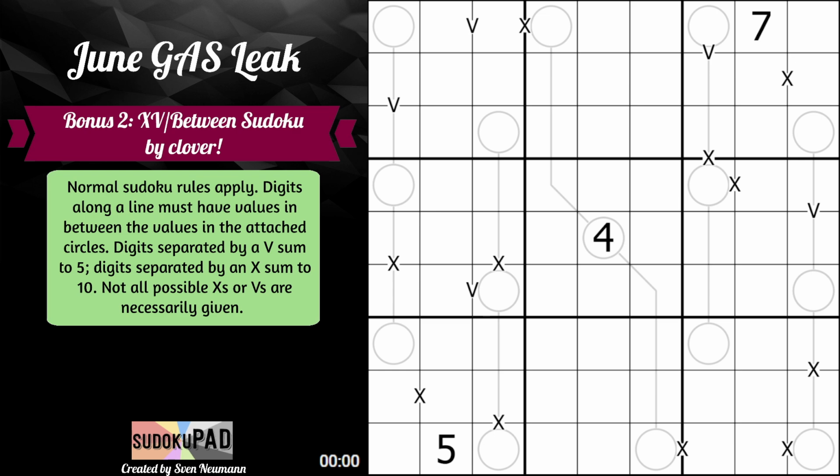And the fact that not all possible X's or V's are necessarily given just says that even though there is no V here, this can have a V relationship, and just because there is no X here doesn't mean this can't have an X relationship. And that's it. Those are the rules. Let's jump right into it.